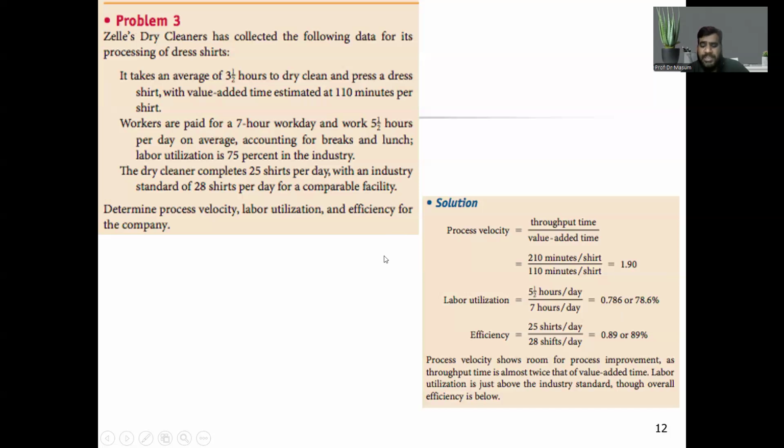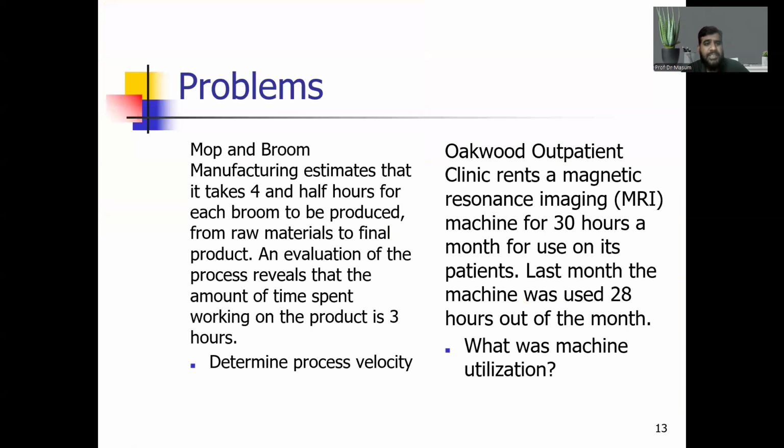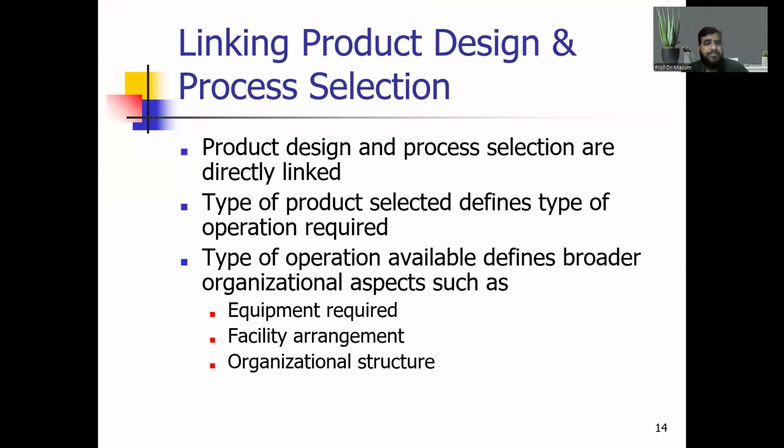These are the process metrics. You have to take care of the process metrics. Some more concepts are given, and the concluding word is that you have to link your product design with the process selection, because product design will help you to choose the process selection.